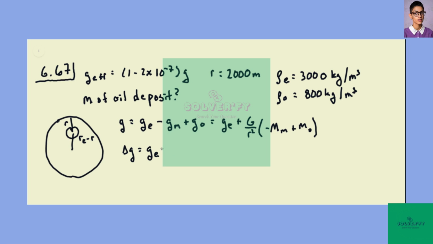is the actual gravity of the Earth, or the gravity of the full Earth, minus what's been observed here. And so this is going to be equal to our G over R squared. And then we can take out the volume.